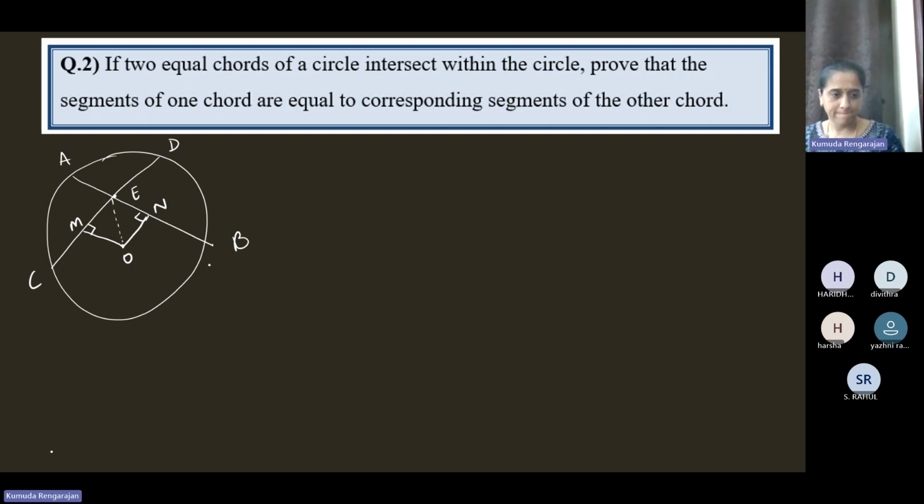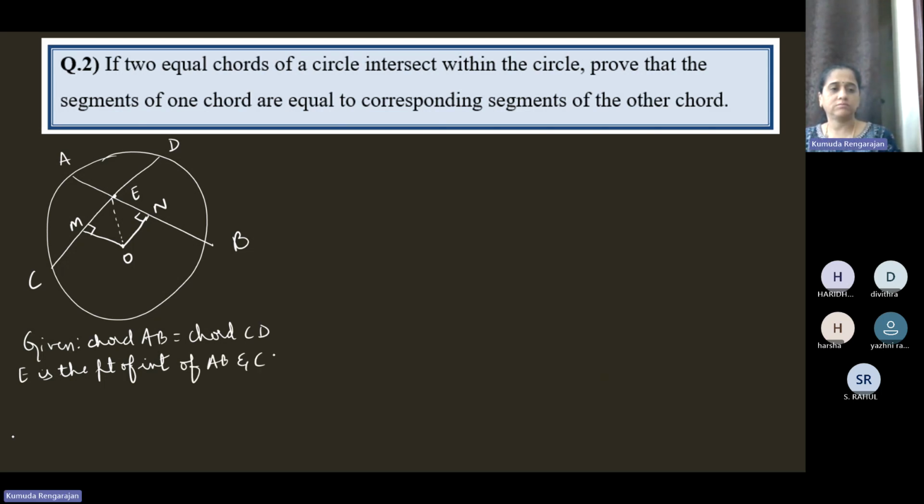Okay. So, given: chord AB equals chord CD. E is the point of intersection of AB and CD.